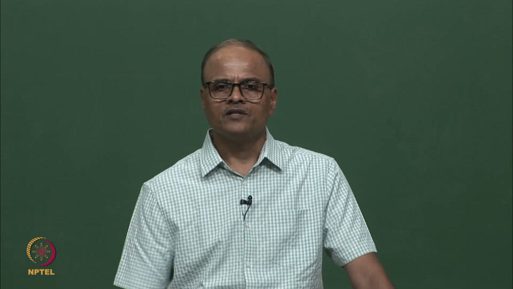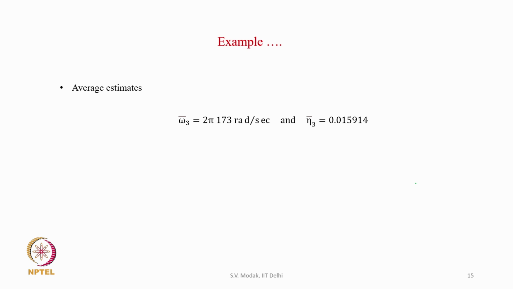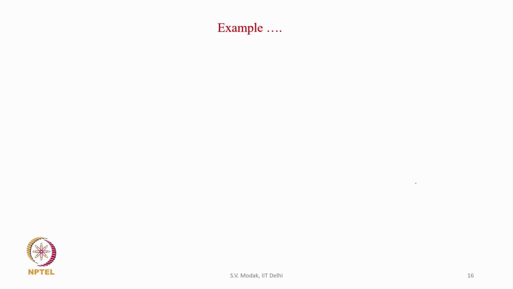If we do that, we end up with a natural frequency of 173 hertz, or 2 pi into 173 radians per second, and a modal loss factor of 0.015914.